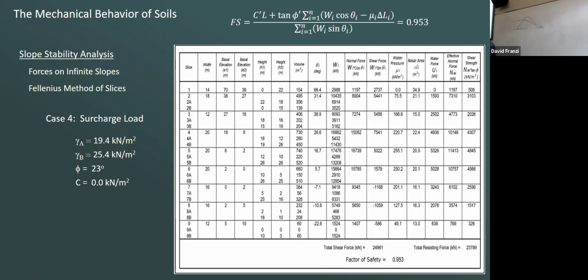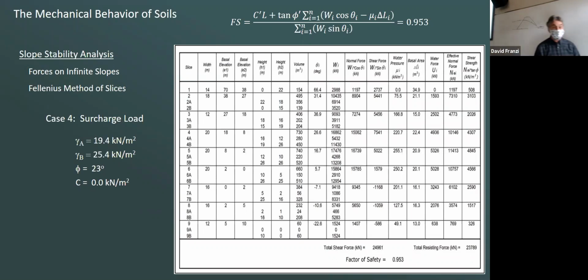So this just shows you how you can play around in different scenarios. And these are all called limit equilibrium. This is the Fellenius method of slices. It's the simplest of the ones that you might encounter, and it's very amenable to a spreadsheet. You can put in 20, 30 slices, 40 slices, 50.